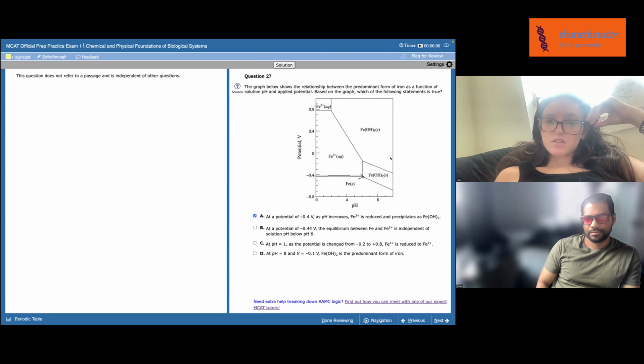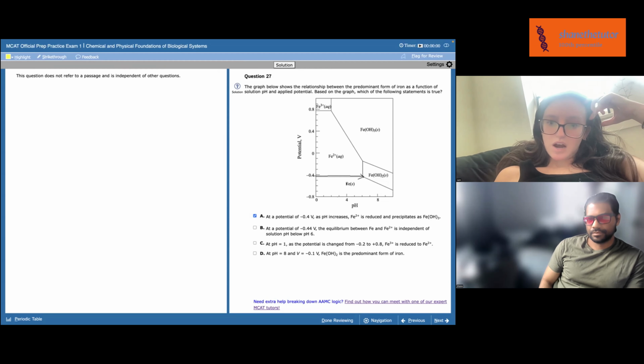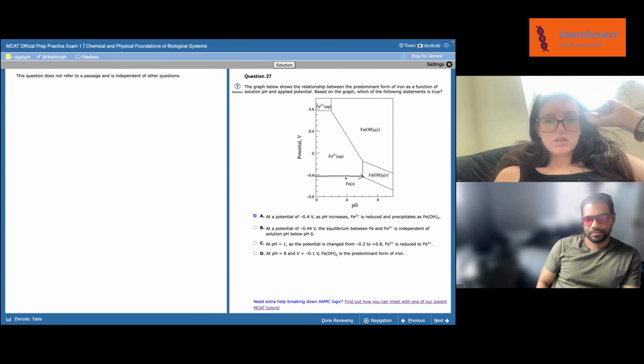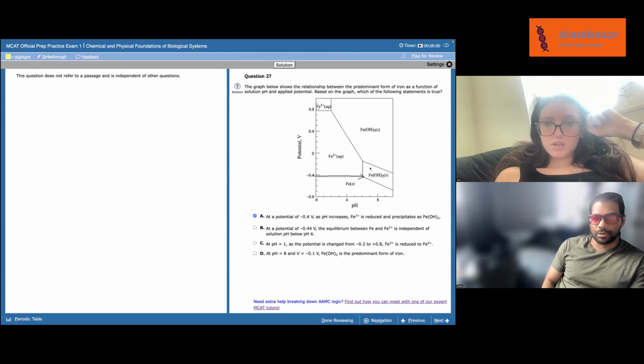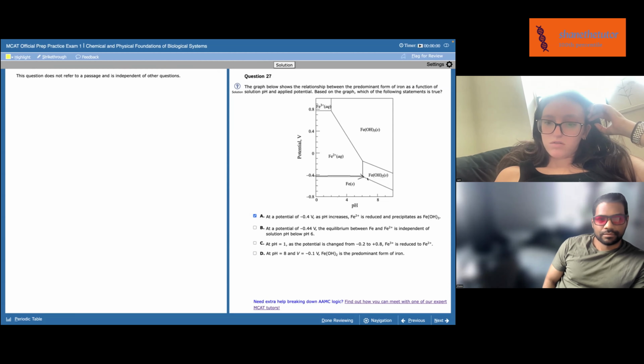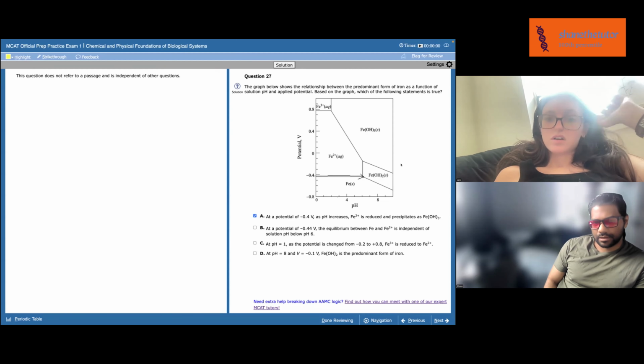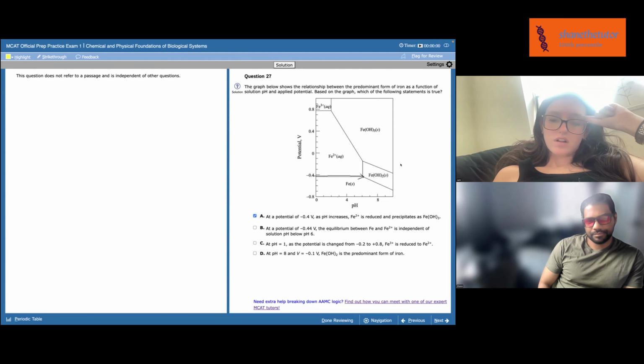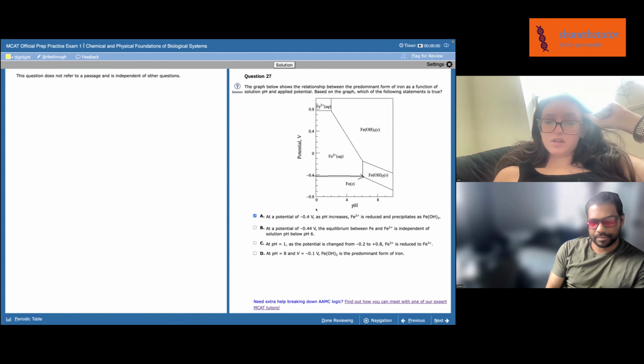It's because this one's higher up than Fe2+, so if it's reduced it goes downwards. So what is answer choice A saying? At a potential of negative 0.4, okay, so that's here. That's the problem.